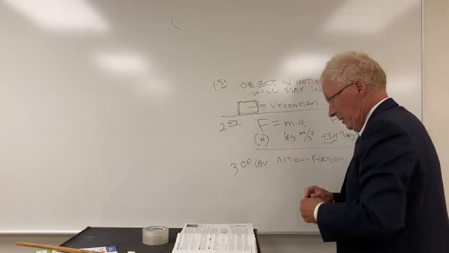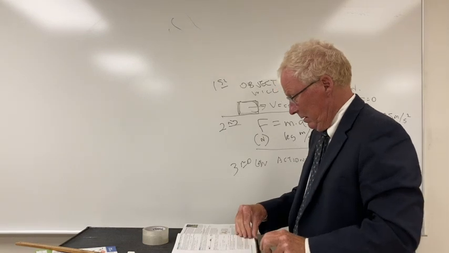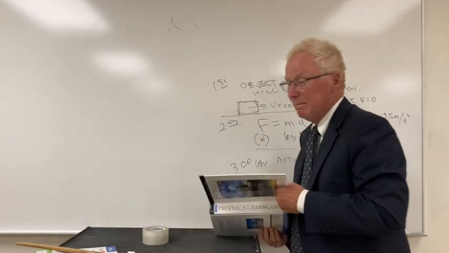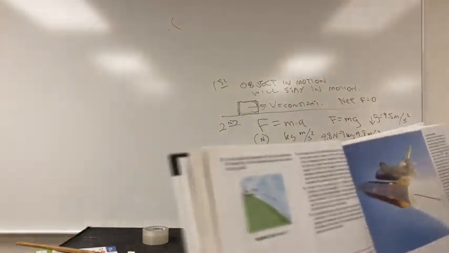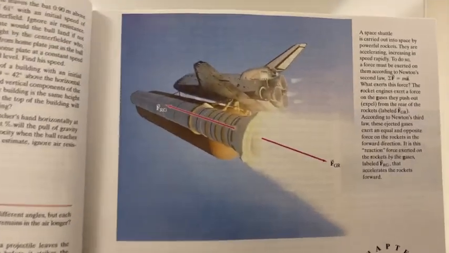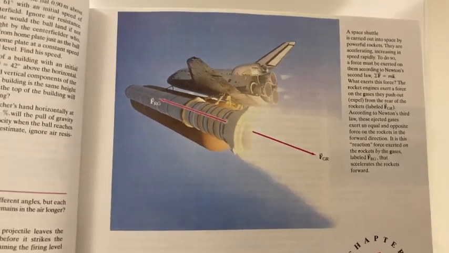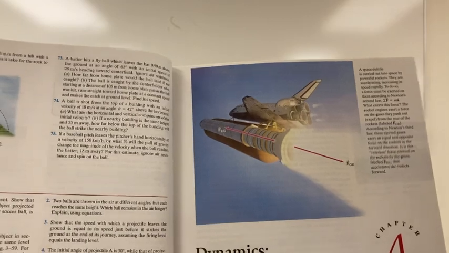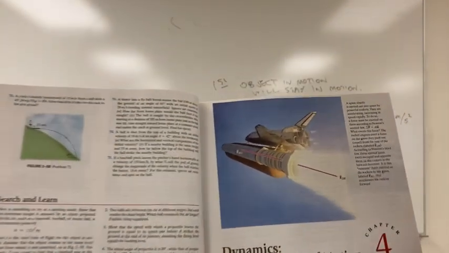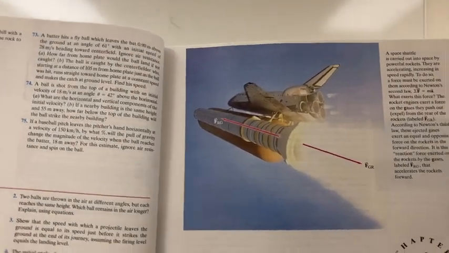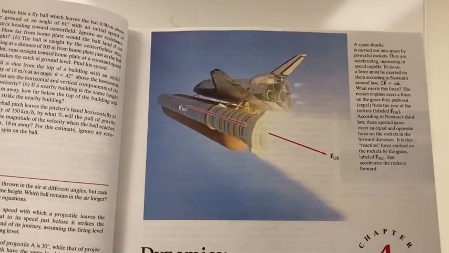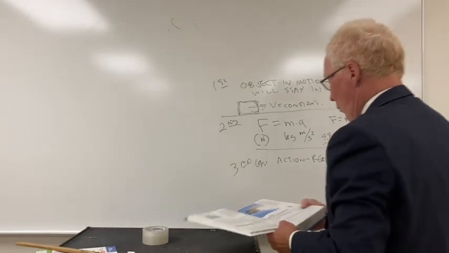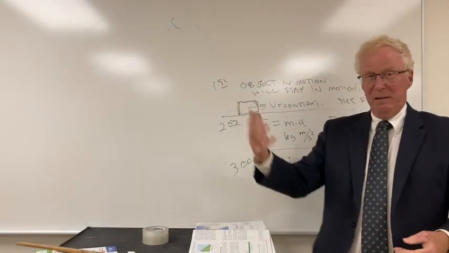And we can see this very clearly with the picture at the front of the book, which shows a rocket, in this case, the space shuttle launch. And you see the red on the right. The fuel is ejected at rapid speed out the back end. And the result, the rocket goes forward into space.